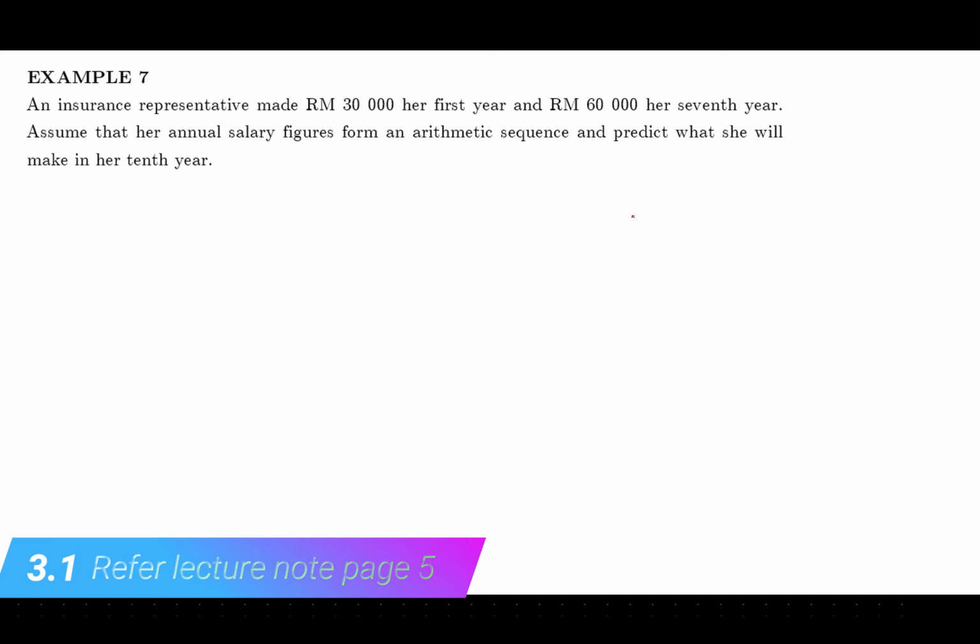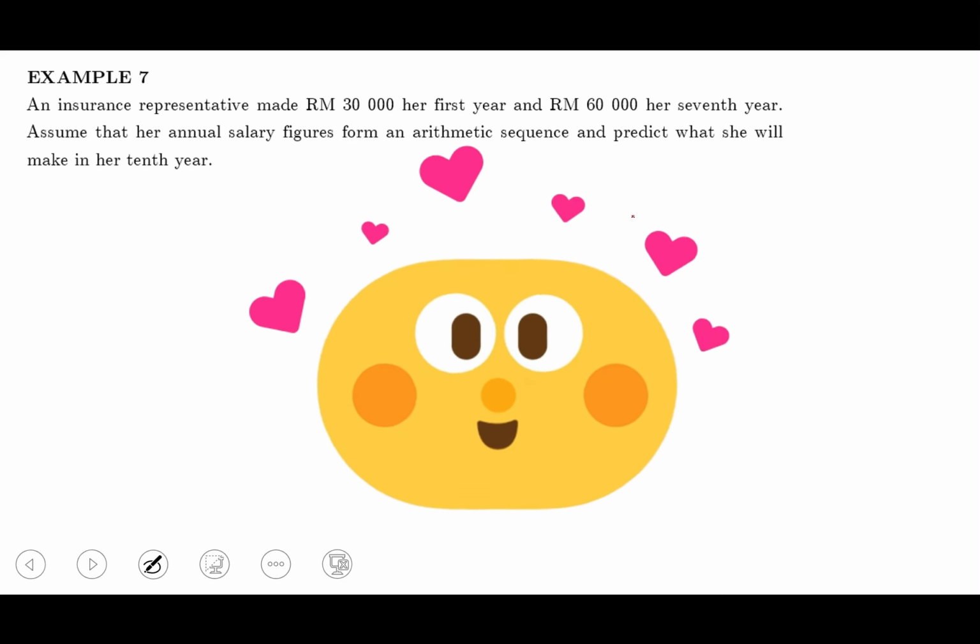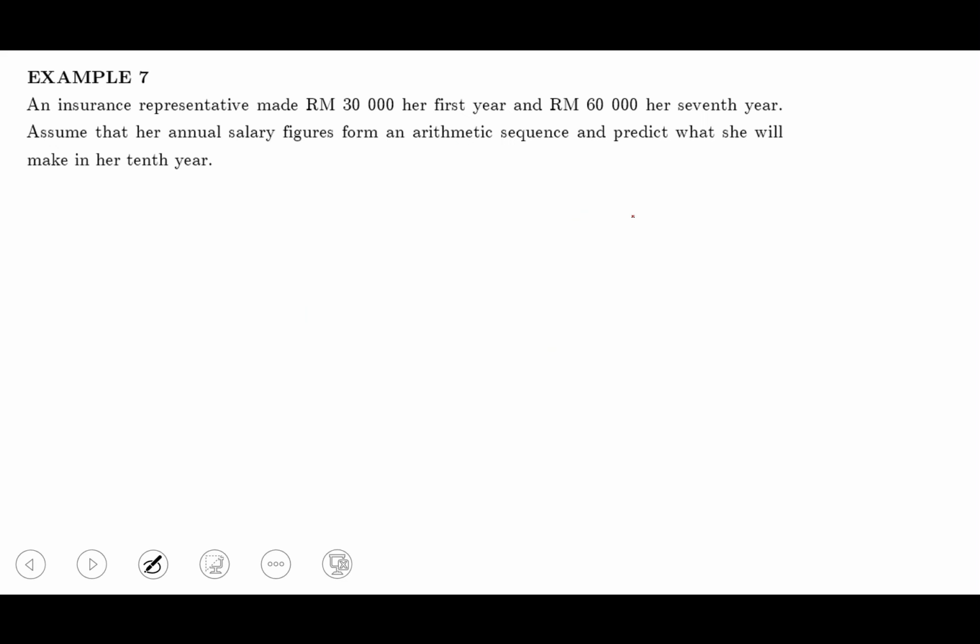Next, example 7. We have an insurance representative who made 30,000 ringgit Malaysia her first year and 60,000 her 7th year. Assume that her annual salary figures form an AS and predict what she will get in her 10th year. So here, again, we are not given a series, but we are given 30,000 in her first year.